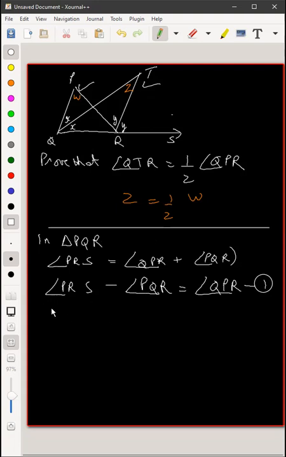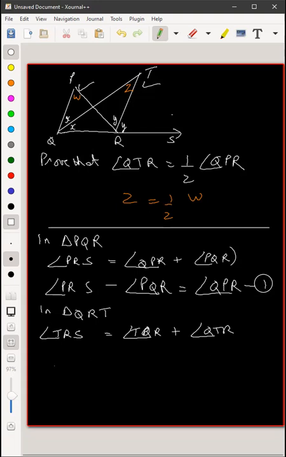Now let's continue further. Let's see in triangle QRT. So we're looking at this triangle now, QRT. Again, similarly, angle TRS would be equal to angle TQR plus angle QTR. Exterior angle is the sum of the opposite two interior angles, right?